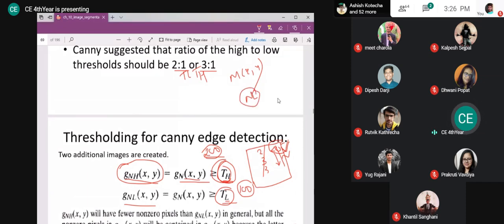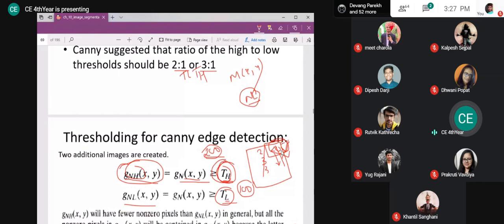The values intermediate between these two thresholds. And the third point is, I have to visit all non-zero pixels of my GNH because they are potential edges, and I have to see whether there is any pixel in the surrounding of my stronger edge which is part of my GNL. That means a weaker edge, but it is an edge, not the weakest edge.